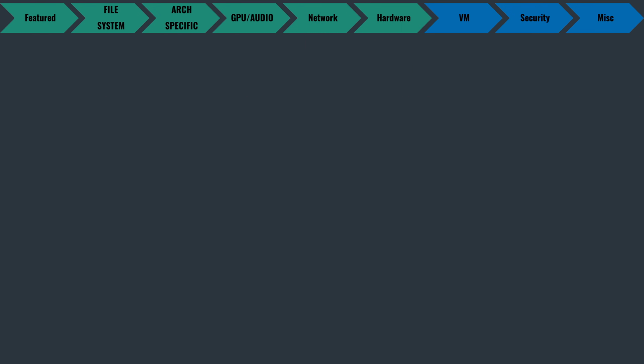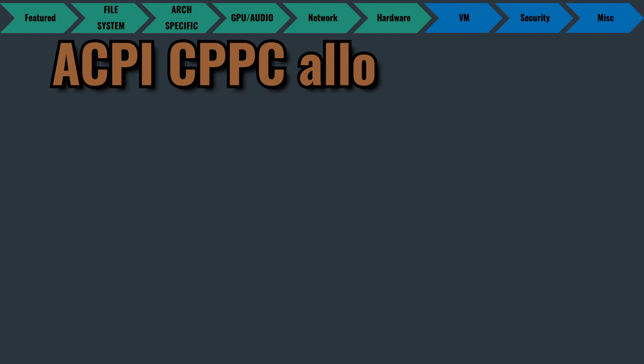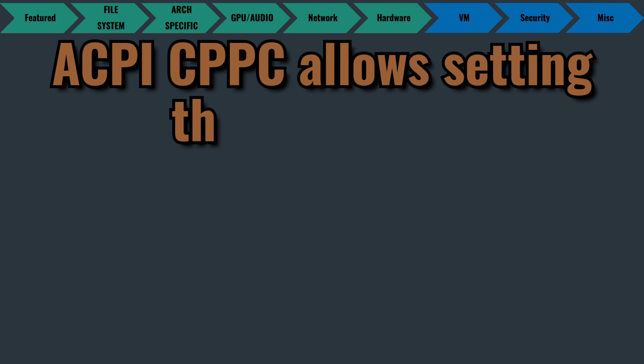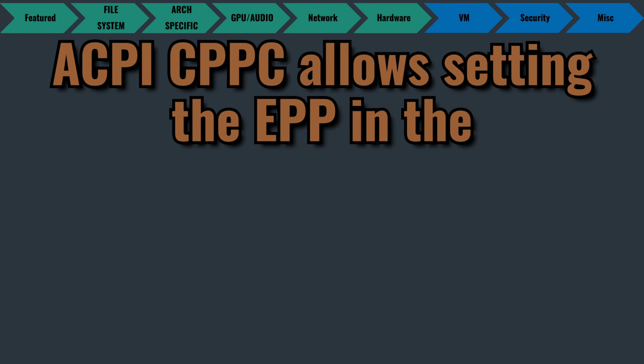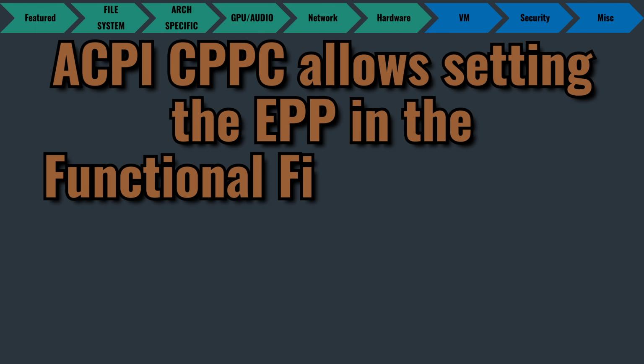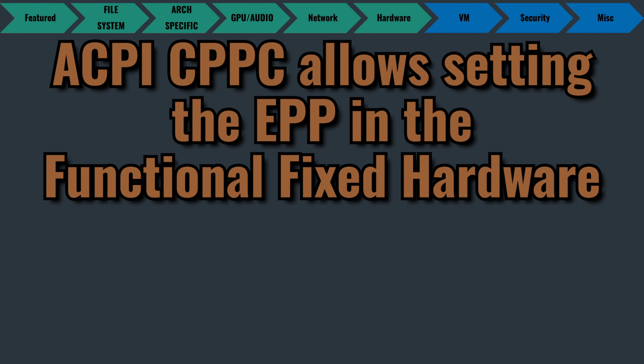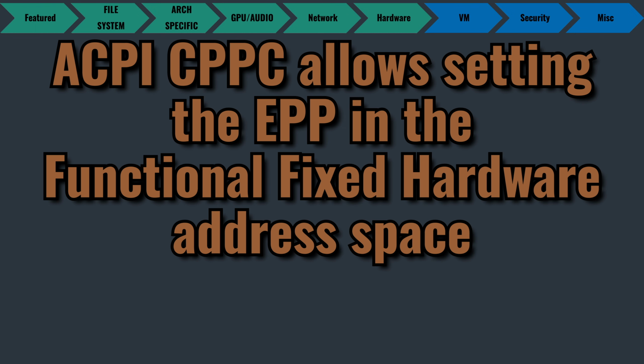I like it. Just like I like this new feature that was added, which is the ACPI CPPC code that now allows the setting of the EPP, the Energy Performance Preference register, through the functional fixed hardware address space. In English, please.